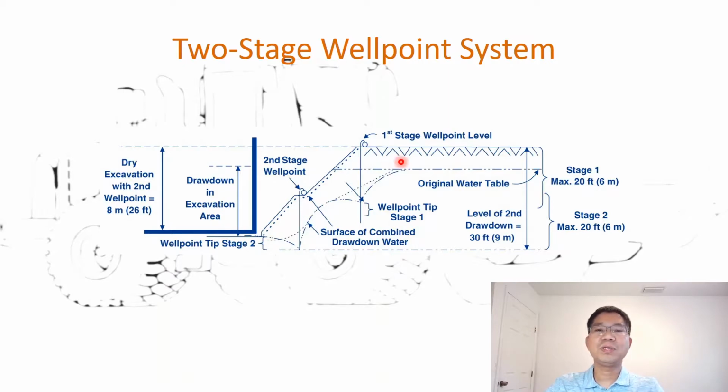Then we have to use two stages. With the first one, you can see the water table go down to here, and then we excavate to this area. We set up another well point system that further reduces the water table so that we have the water table underneath the excavation areas and the construction activity can be performed.